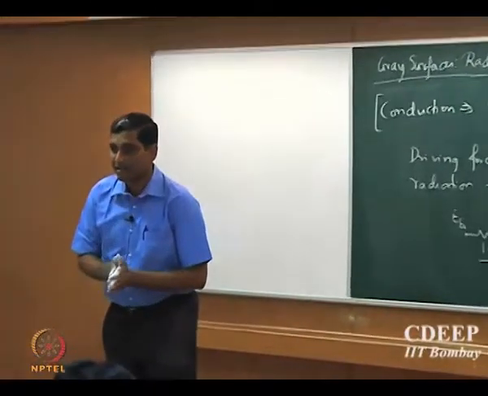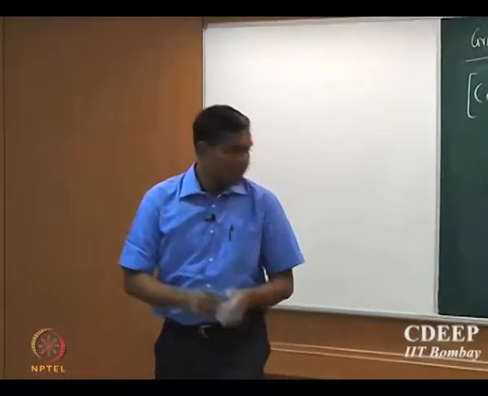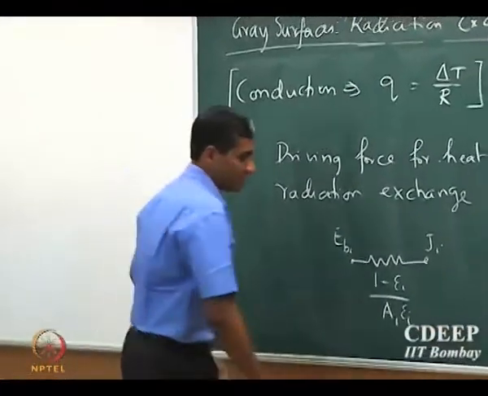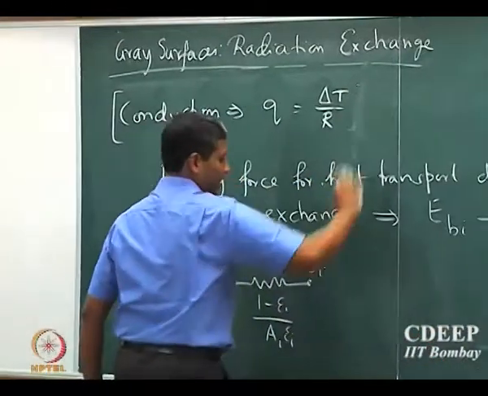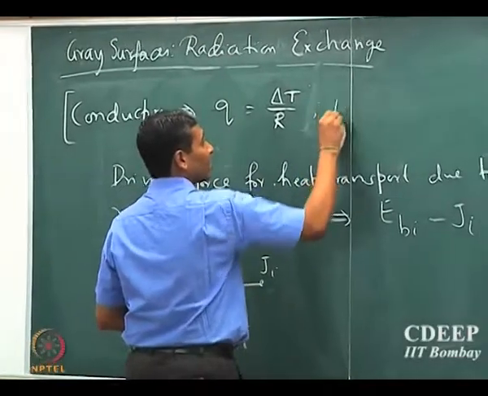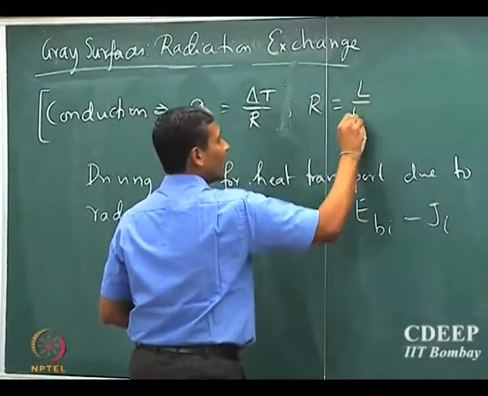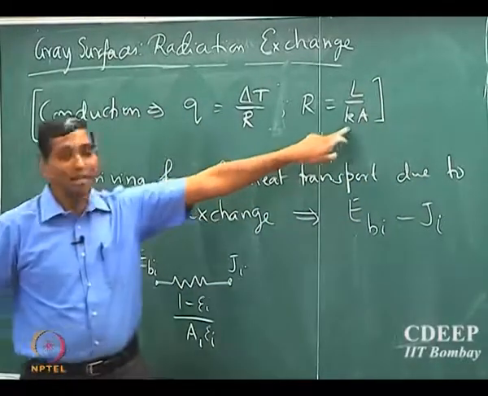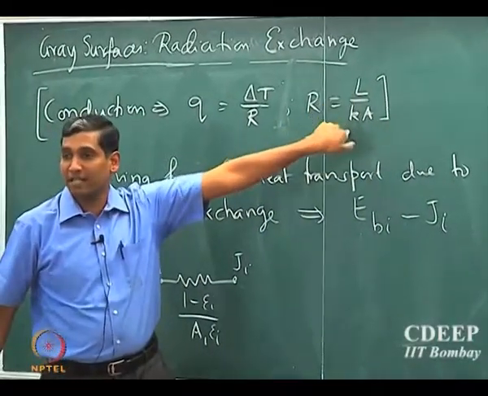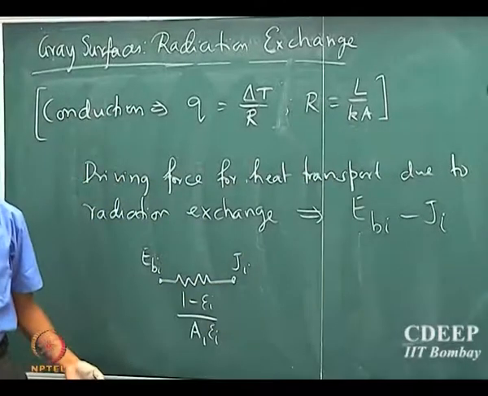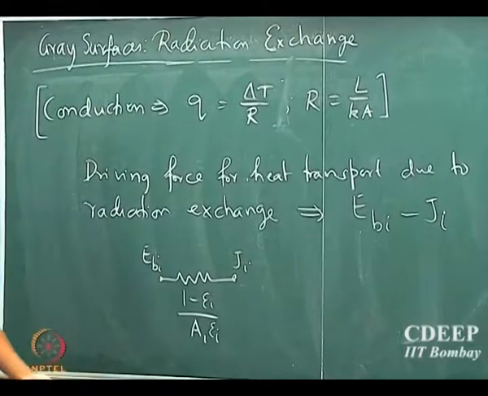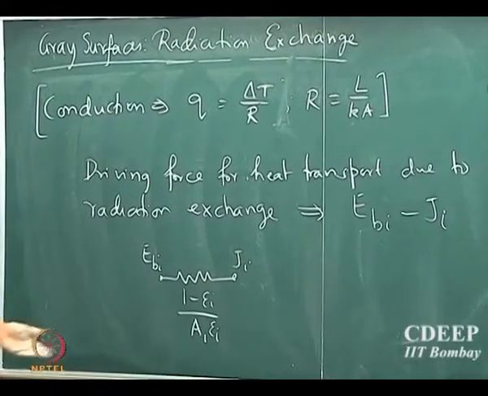Look at the quantities here. Maybe I will give you a hint. In a 1D system in conduction, resistance is L by kA, so it contains length scales and conductivity. What does this contain? Emissivity. So what does it reflect?